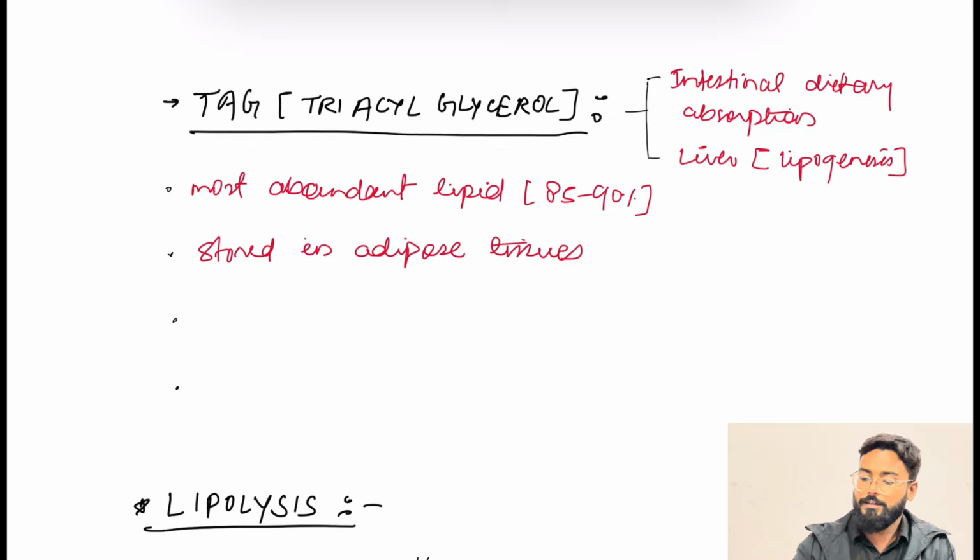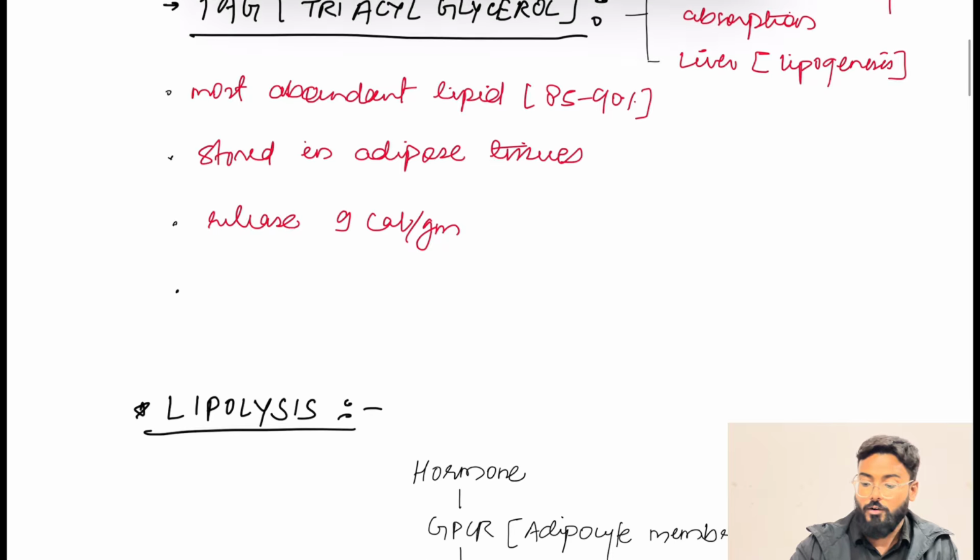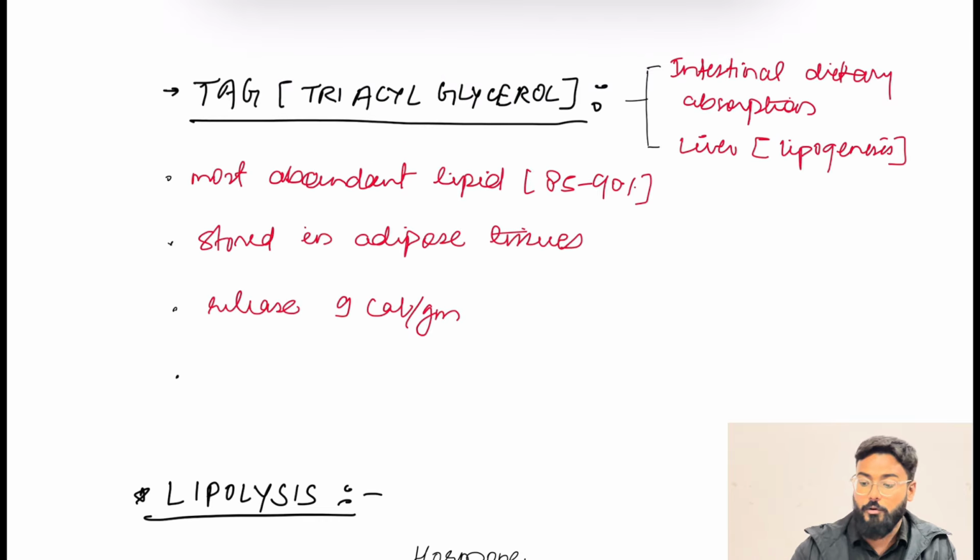When triacylglycerol is broken down, it is going to release energy. If you compare it with proteins and carbohydrates, triacylglycerols or fatty acids, when broken down, release the most energy, a significant 9 calories per gram of triacylglycerol broken down.